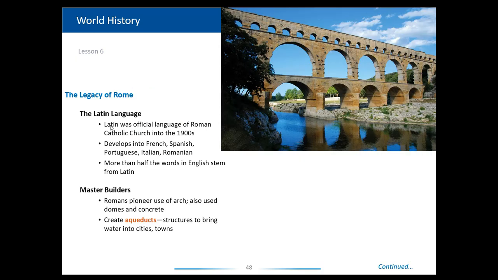The Latin language was also an official language of the Roman Catholic Church into the 1900s, and it also developed into French, Spanish, Portuguese, Italian, Romanian, and more. More than half the words in English stem from Latin.